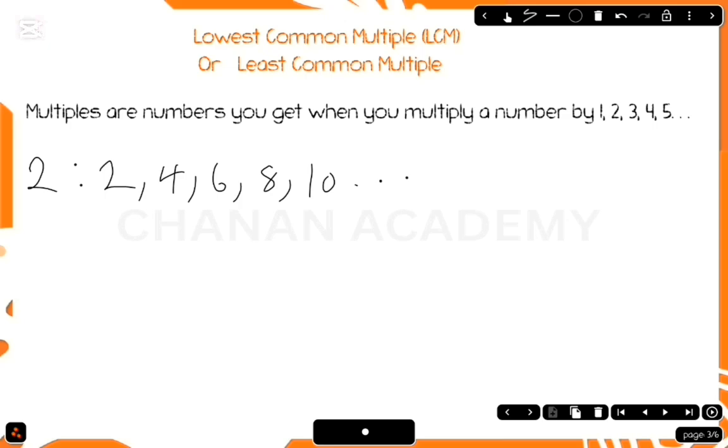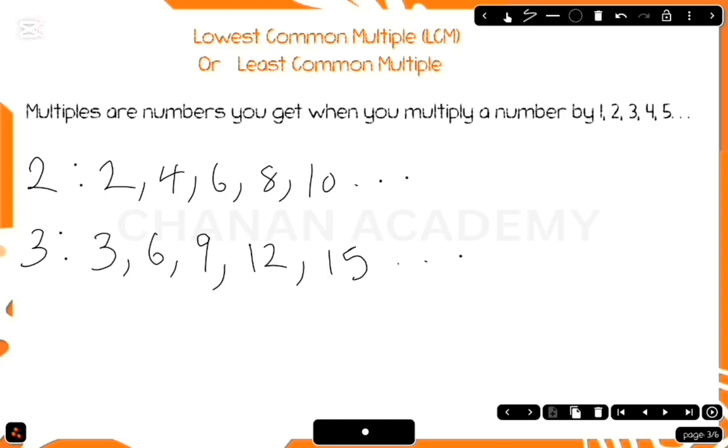Another example is 3. The multiples of 3 are 3, 6, 9, 12, 15, and so on. So multiples are numbers you get when you multiply a number by 1, 2, 3, 4, 5, 6, and so on.